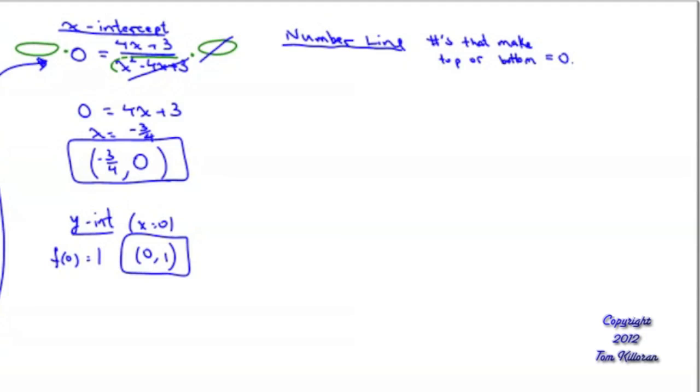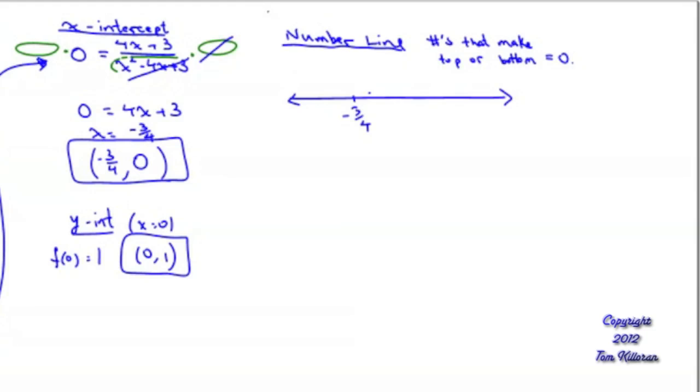So we'll set up a number line, and the numbers we're going to put on it are anything that make the top or the bottom equal to 0. What makes the top equal to 0? Negative 3/4. So one of the numbers I'm going to put here is negative 3/4.